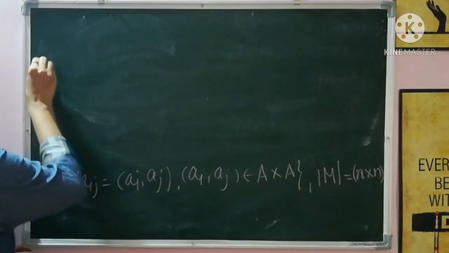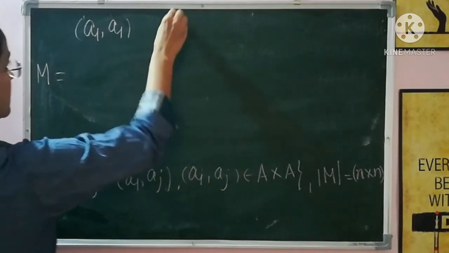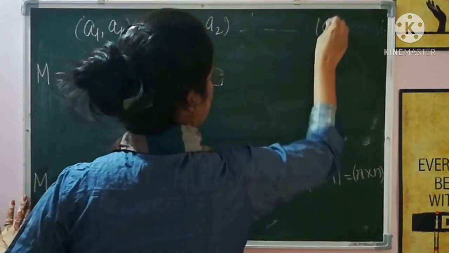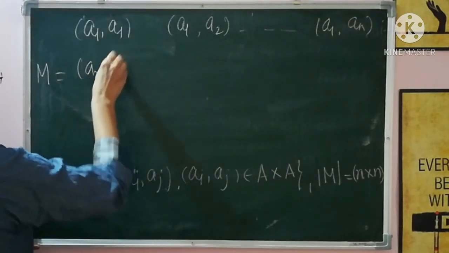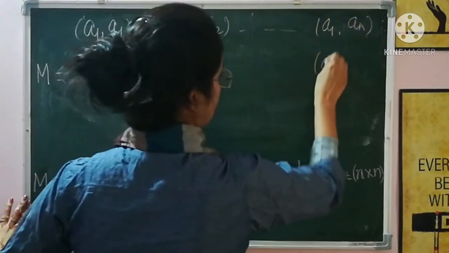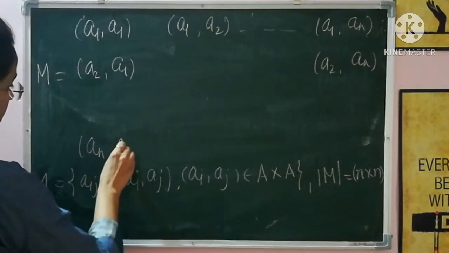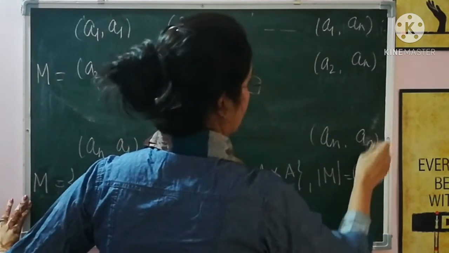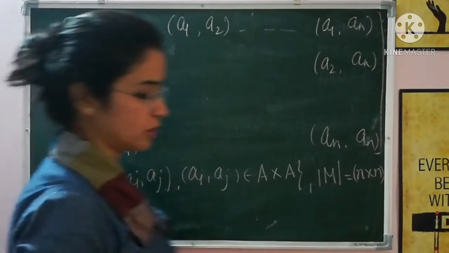The matrix M will be A1 comma A1, A1 comma A2 till A1 comma An, then A2 A1 up to A2 An, and lastly An A1 up to An An. So this is the matrix representation of the Cartesian product A cross A.